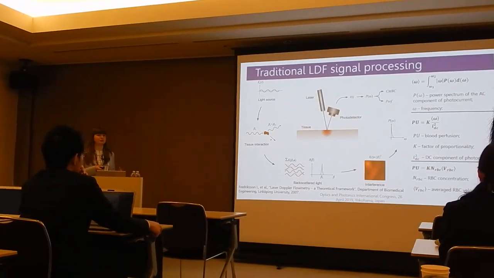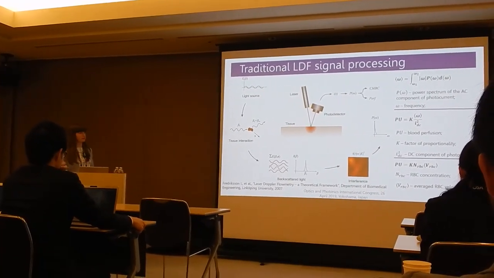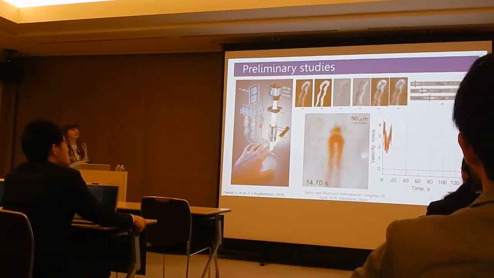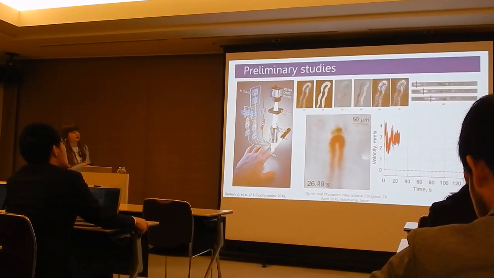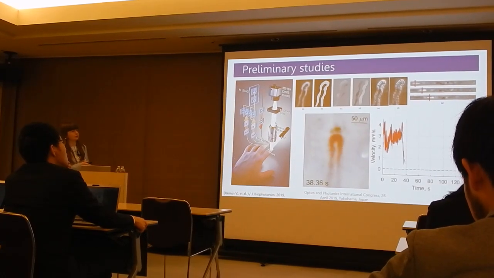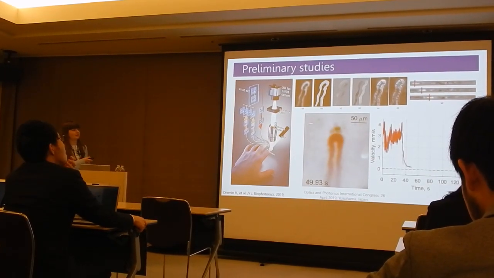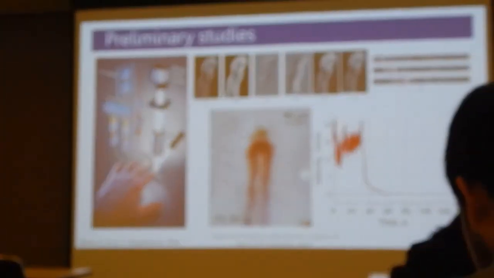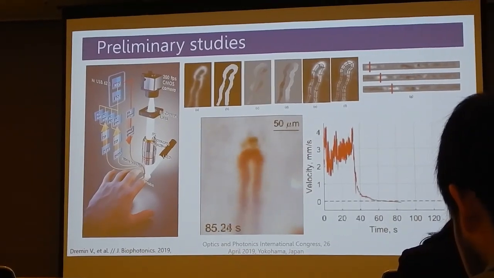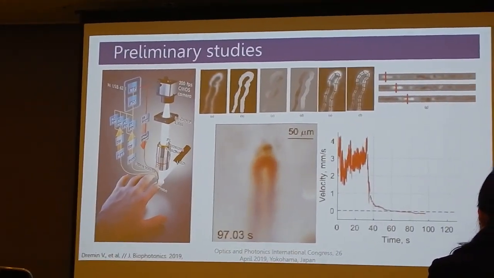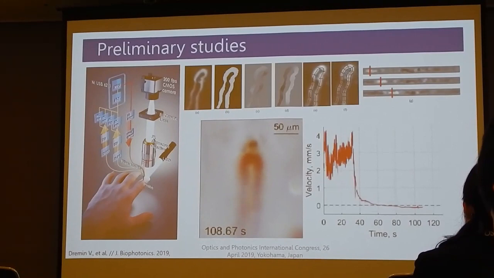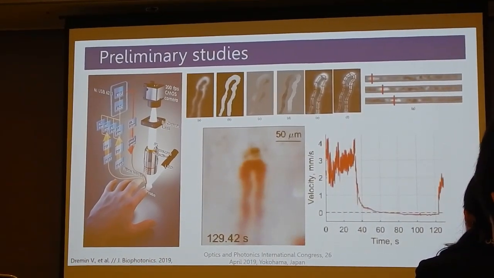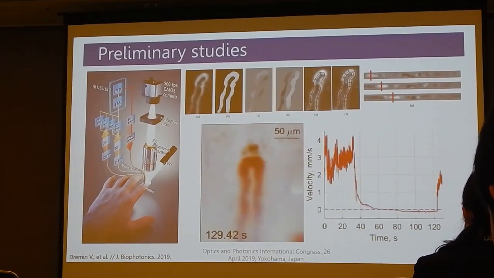So we cannot measure actual velocity because it's a complex signal. But it was shown that in one experiment we measured the blood flow in a separate capillary, simultaneously measuring the signal of laser flowmetry and the signal of velocity, and they were highly correlated to each other.